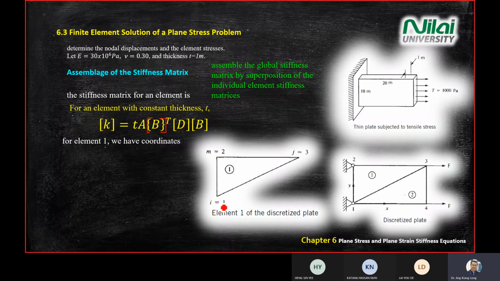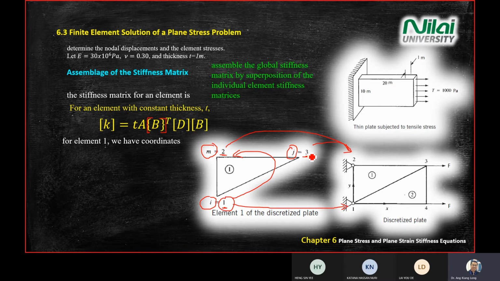However, for the numbering of the points, you have to follow the diagram in the question. What is important is that your I, J, M should be in the anti-clockwise direction. However, the numbering, you should follow the diagram. So why is M equal to 2? Because the diagram gives you point 2. Why is this one 1?